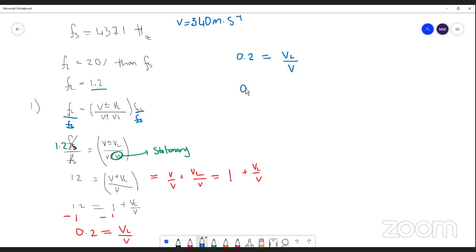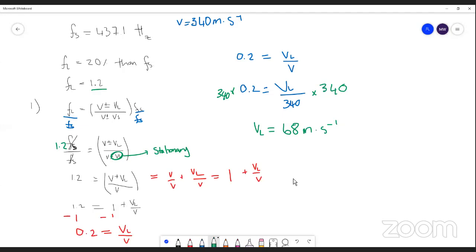So it's going to be 0.2 is equal to VL over 340. Multiply both sides by 340, and we should get our answer for VL. So VL is equal to, I get 68. Has anyone done their calculation? Am I right? Yes. Okay, cool.